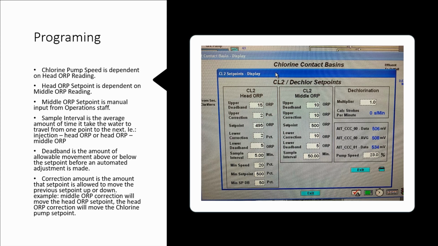So based on this picture, it's actually going to turn the set point down at the head because it's actually overshooting in the middle. But then your pump speed in the bottom right is at 23%, but your minimum pump speed is 20%. So it's approaching minimum anyway. Yeah. So this was probably taken first thing in the morning when I came in. Yeah, this looks like a morning reading.